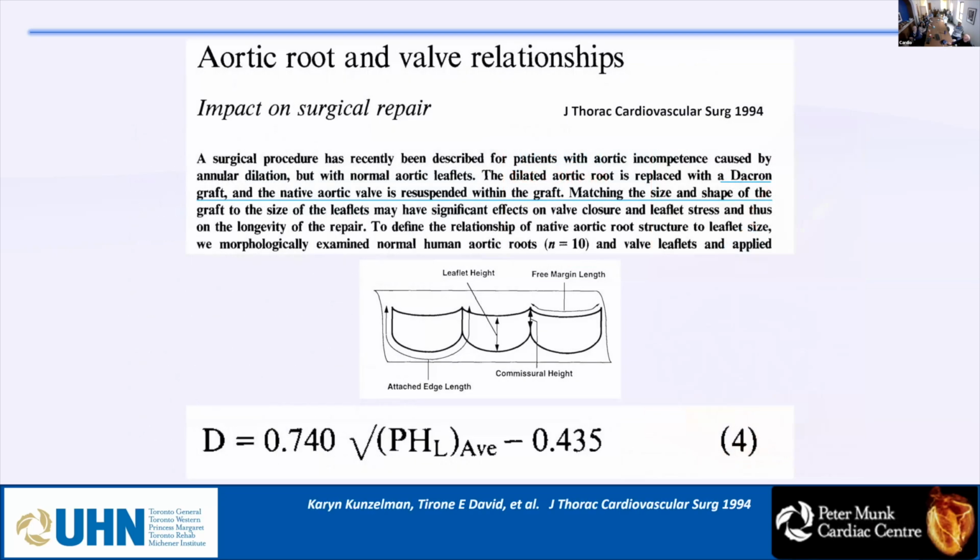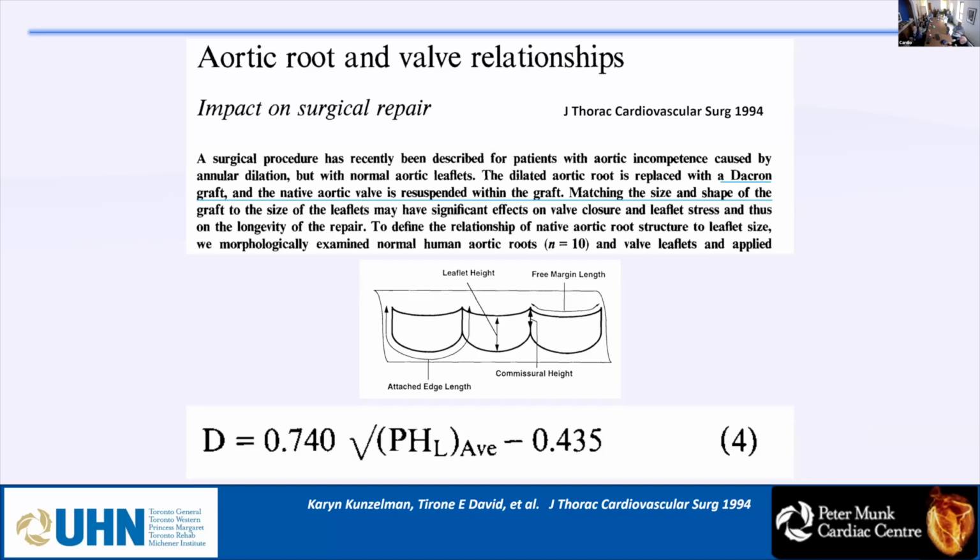Even at the time that I was with Dr. David, in 94, we tried to come up with some type of formula to size the dacron. This was a very, very long mathematical formula. This type of formula, I'm sure that Shaving would like because he's an engineer.